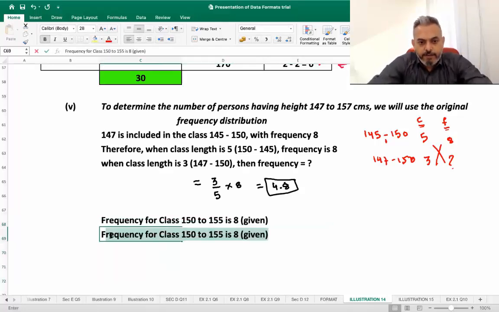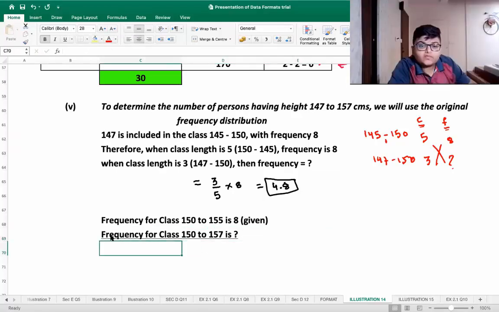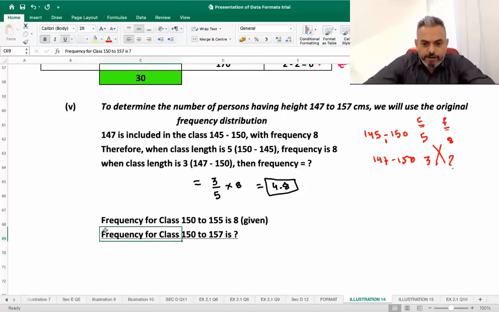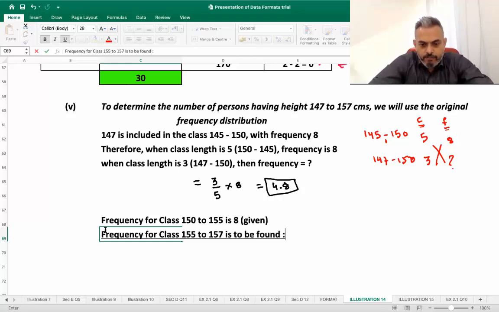Now frequency for class 150 to 157 is, we have to calculate this now. Sir, instead of 150, it will be 155. Sorry. Frequency for class 155 to 157 is to be found now.